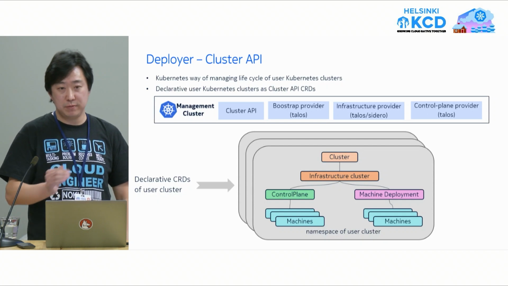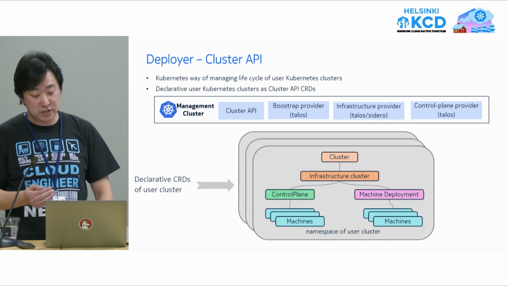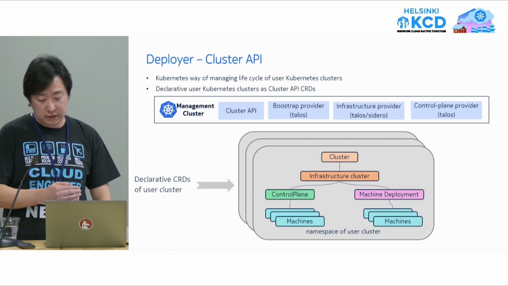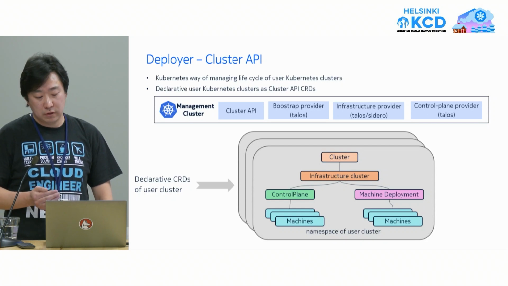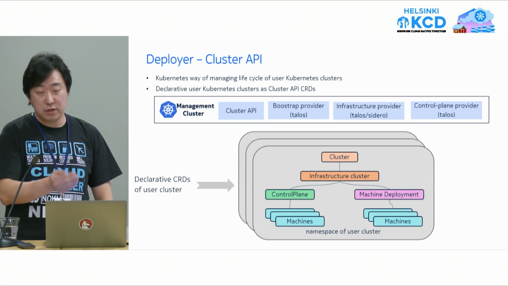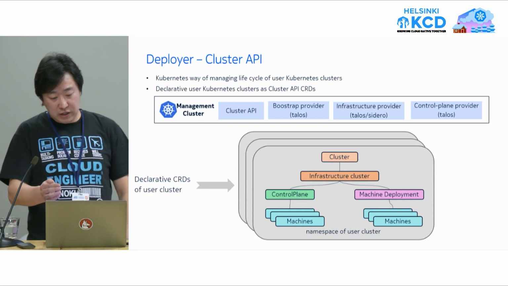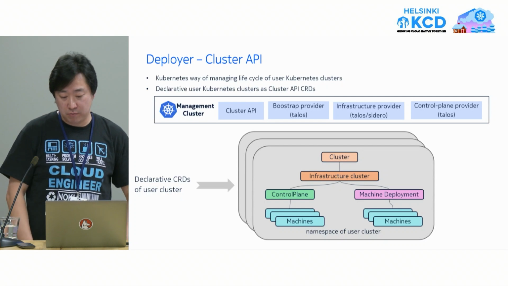So each one has a replica. It works kind of like a deployment with replicas. You can set it to scale them, and every machine represents, in this case, a bare metal server, which is bootstrapped by the bootstrap provider and installed by this provider and also operated by them.